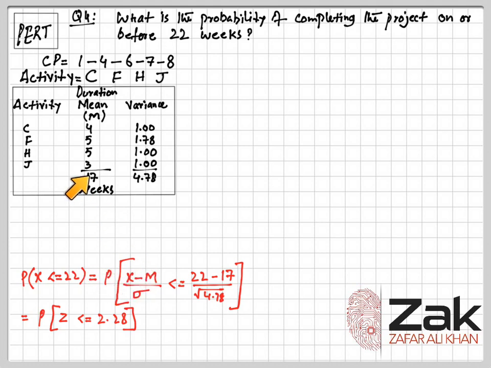M is 17 weeks, which is the sum of the expected mean durations of all the tasks on the critical path.